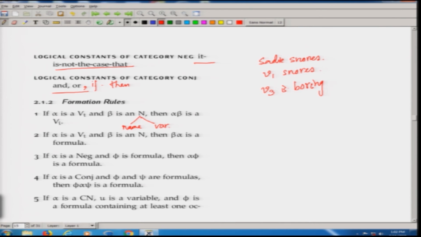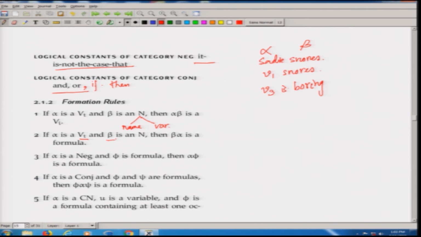We can have all these constructions. You see alpha beta, so this is alpha and this is beta. So this is the first rule. What is the second rule? The second rule is if alpha is a Vt and beta an n, then beta alpha is a formula.